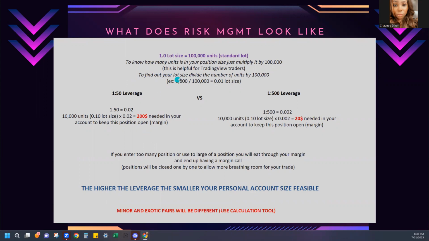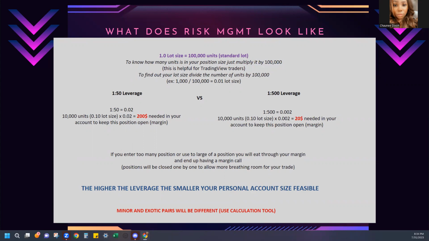To know how many units is in your lot size, you just multiply that lot size by 100K. So of course, 1 times 100K is 100K. And then you do the same thing the lower you go. So if you put in a 0.5 lot size, you multiply that by 100K, that'll give you the number of units. If you want to know how many dollars per pip that your lot size will give you, you'll multiply by 10.